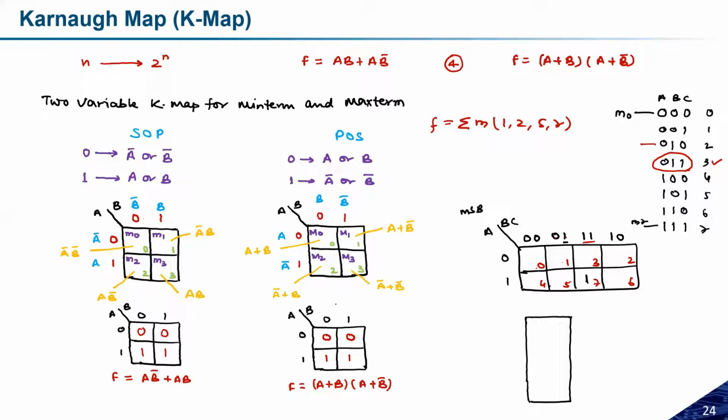AB will be there, so 4 cells will be in the vertical direction and 2 cells in the horizontal direction. So A, B, and C here. For C, we definitely have 0, 1. For AB, I will have the possibilities 0, 0, 0, 1, 1, 1, and 1, 0. Okay, so this is what we have done.